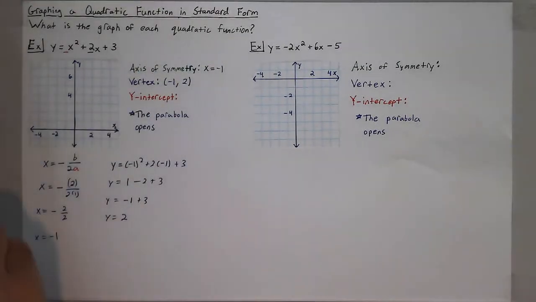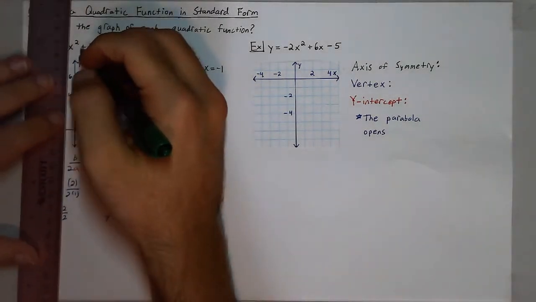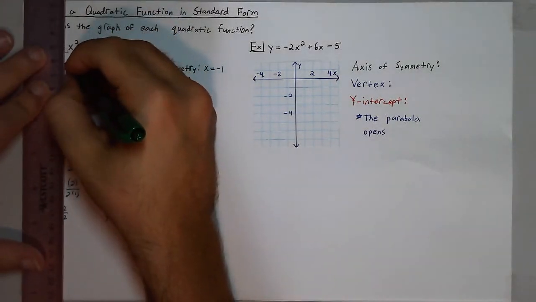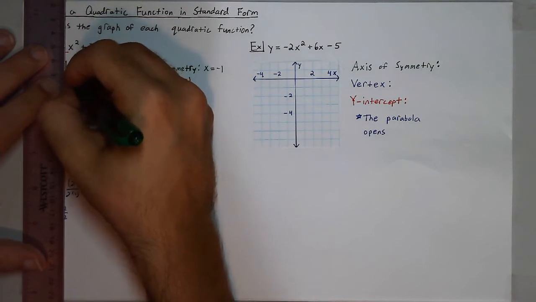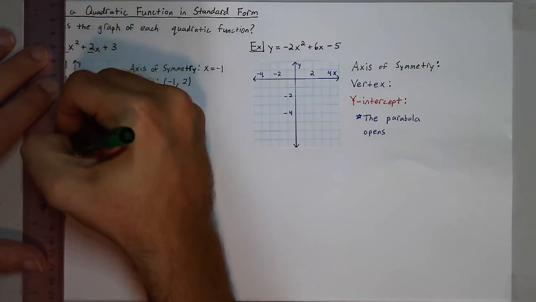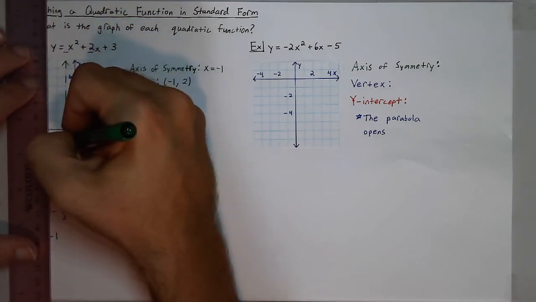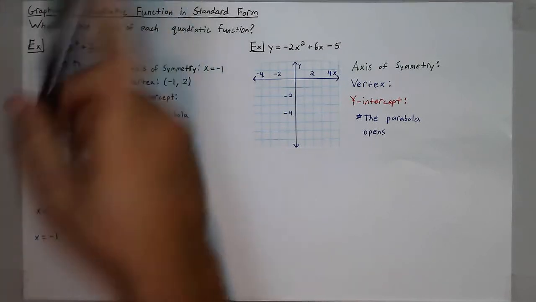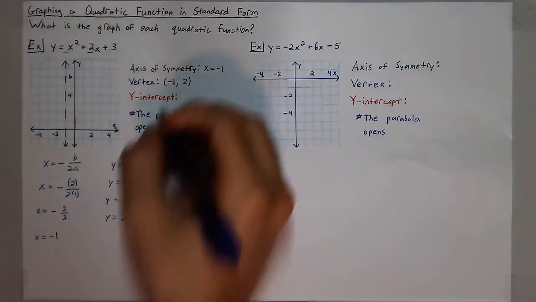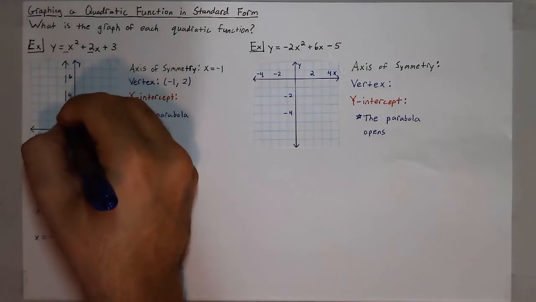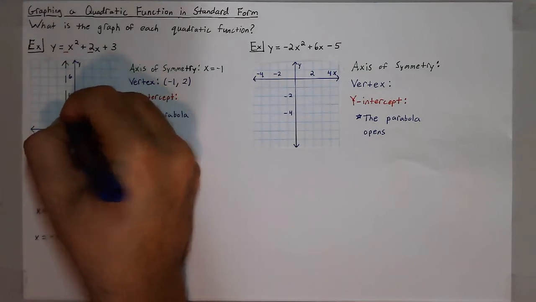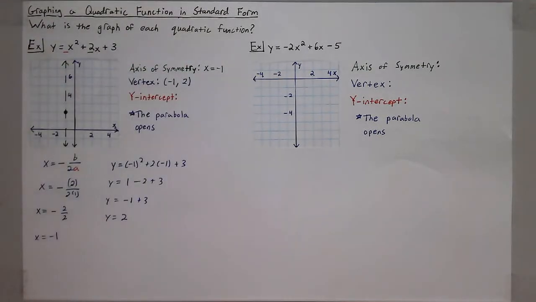Now I'm going to graph my axis of symmetry at x equals negative 1, and my vertex, which is negative 1, 2, right here. And now I need to find another point.